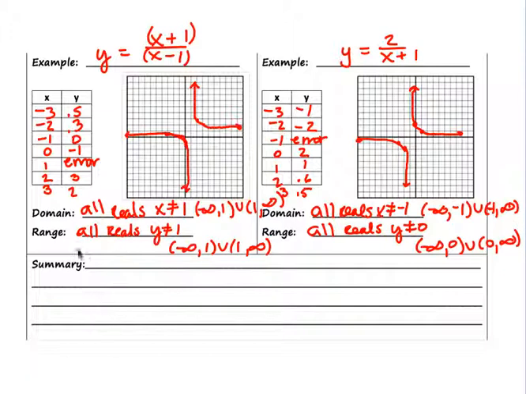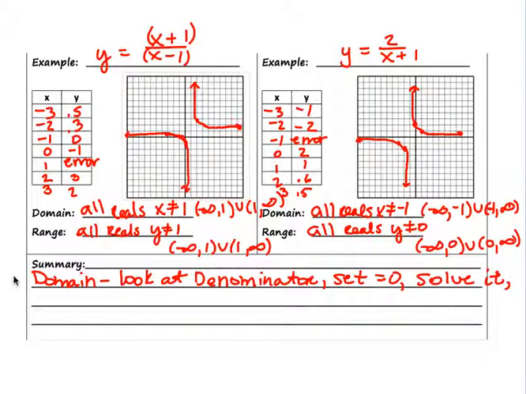So summary for this is, for your domain, what you have to do is look at your denominator. So to find your domain, you look at the denominator. Just remember domain, denominator. And you set it equal to 0. You solve it. And that is what x cannot be.